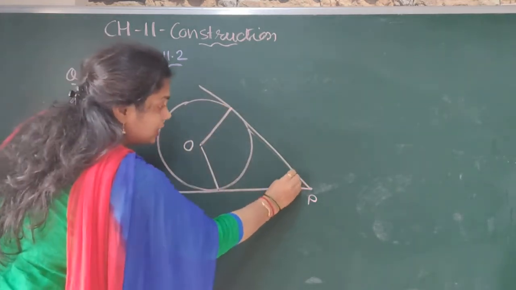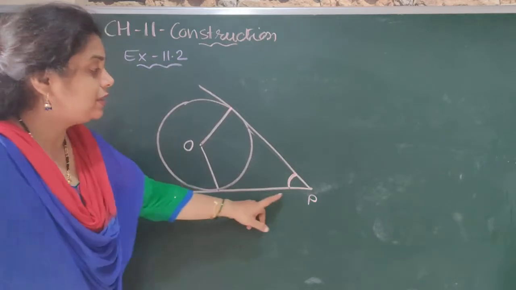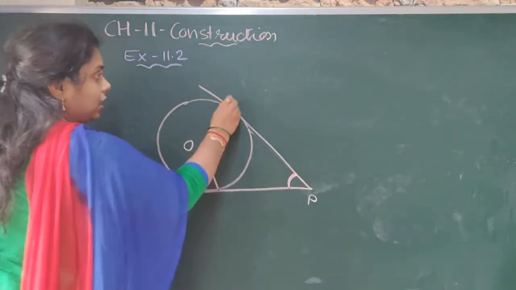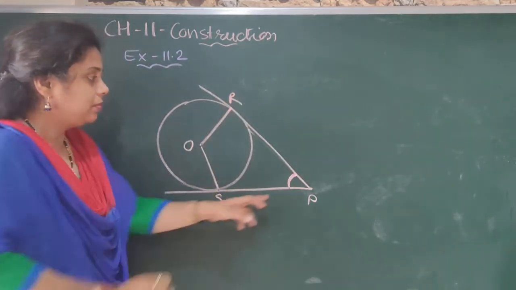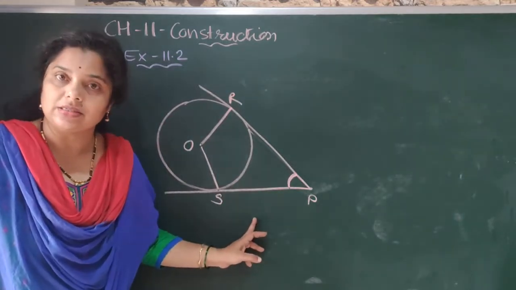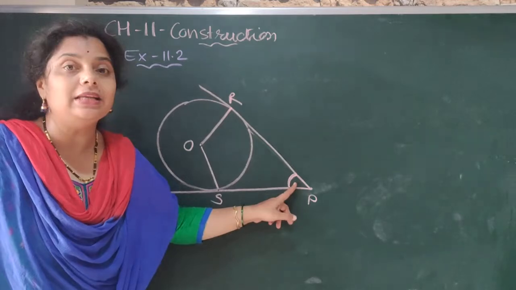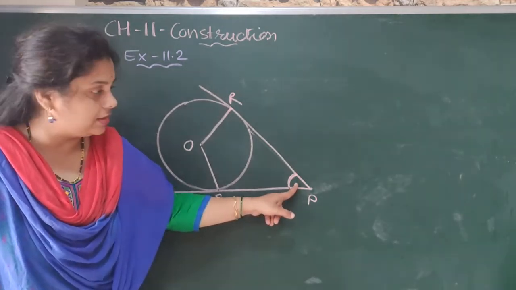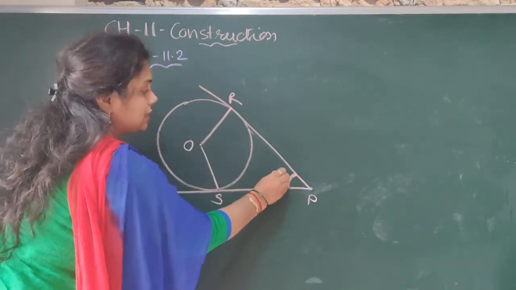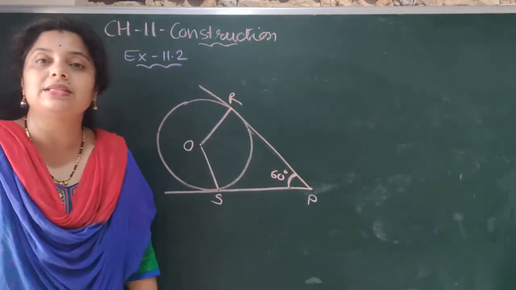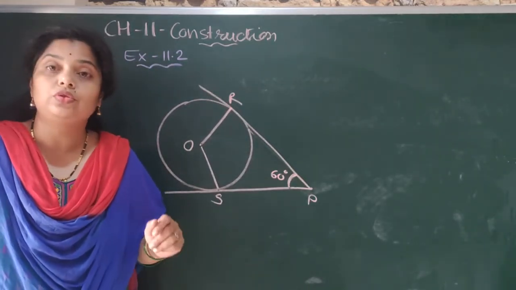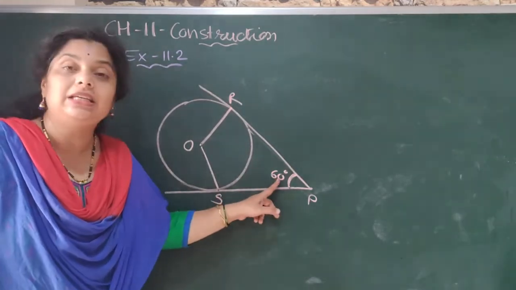Let's name them: PR and PS are the tangents. The angle between the tangents is called the inclined angle between the tangents, and they require 60 degrees. So how do we construct 60 degrees here?